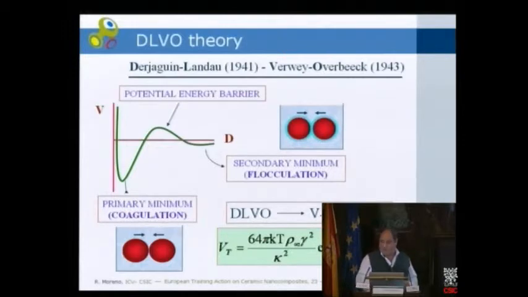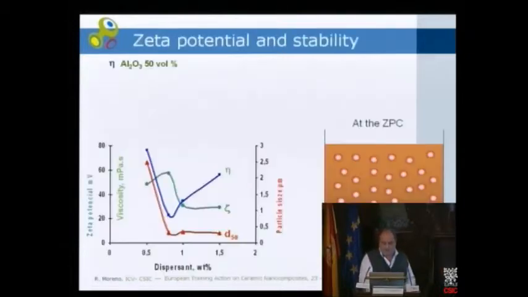Well, the DLVO theory quantifies the potential energy, and we can calculate the total stability of the system by calculating the repulsive term and the attractive term. But it is not the matter in this course. We can correlate colloidal stability and rheology of the suspensions.